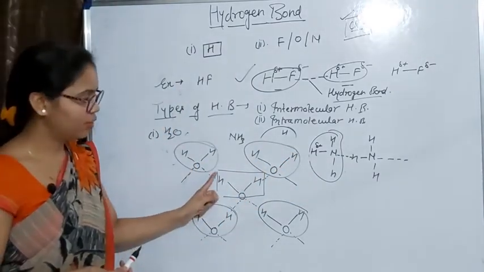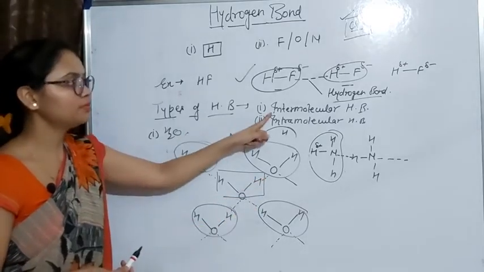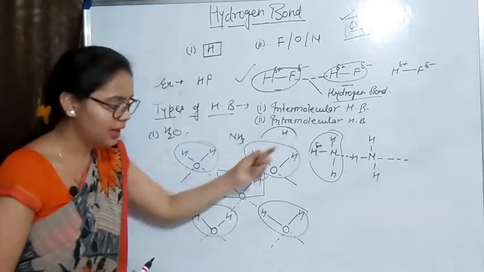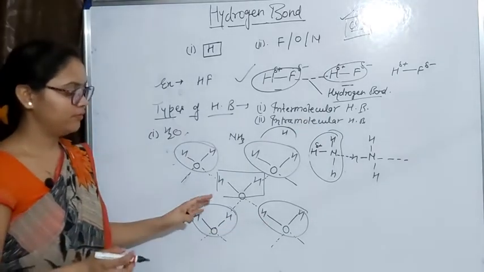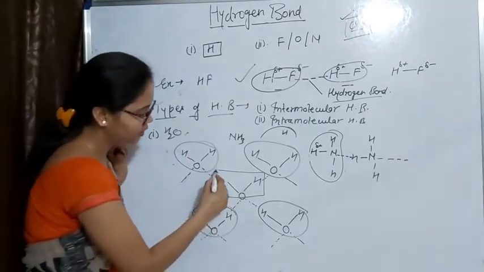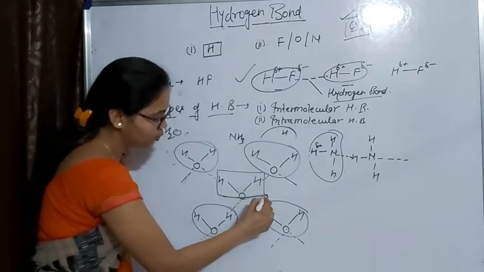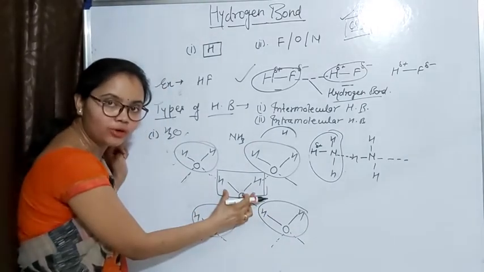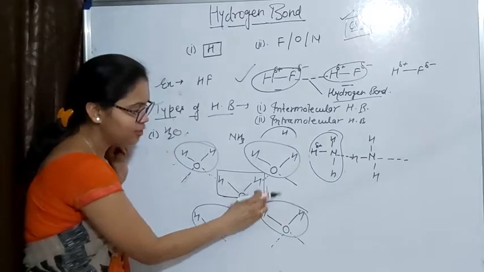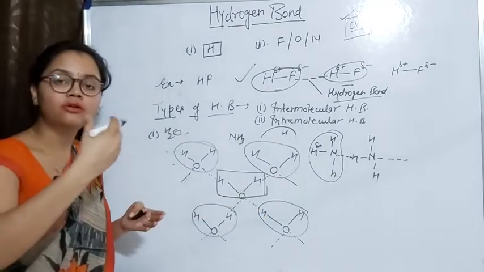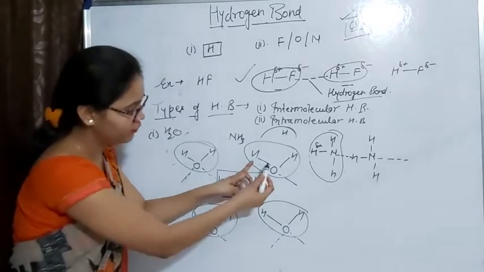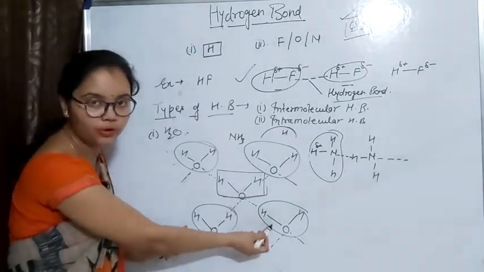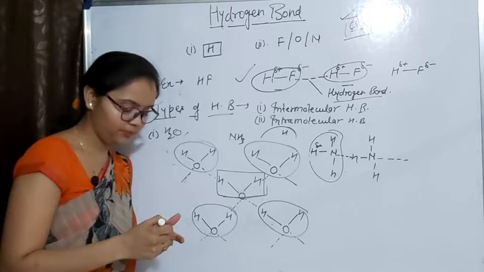So this bond will also be considered an intermolecular hydrogen bond, as it is forming between two different molecules. One more thing you can notice here is that one molecule of water can form four hydrogen bonds with four other water molecules. As you can see here, 1, 2, 3, 4. So this is the next example.